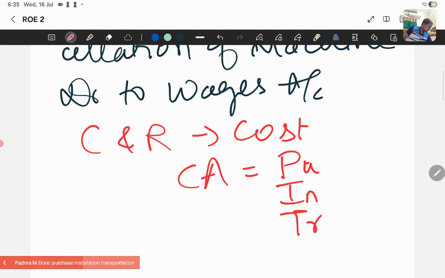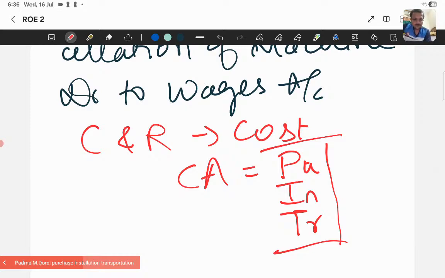Very good. Priyanka very rightly answered. Purchase, installation, another one is transportation. Okay. So these three are involved. And remember, even purchase can also be sometimes considered as manufacturing, even that is also involved.